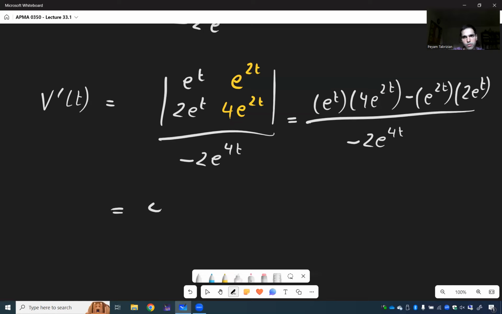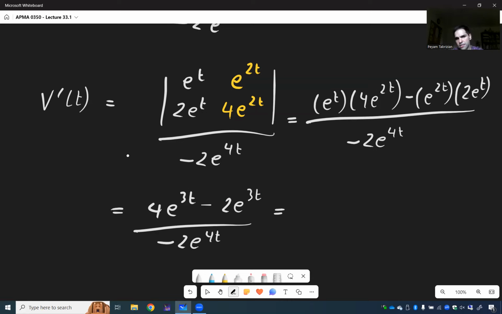And then that becomes 4e to the 3t minus 2e to the 3t over minus 2e to the 4t. And I think this gives you 2e to the 3t over minus 2e to the 4t. And that's minus e to the minus t.